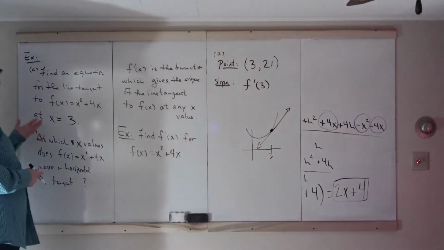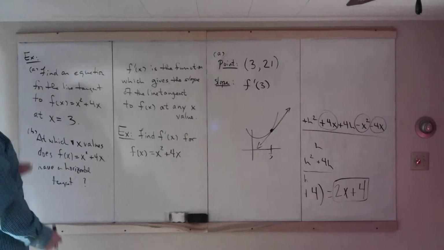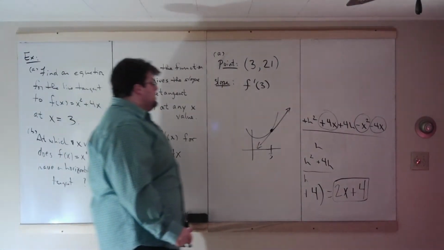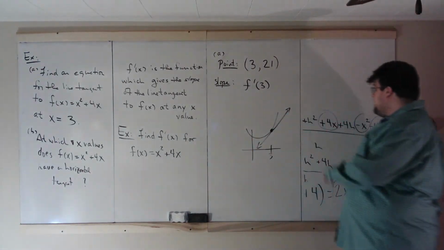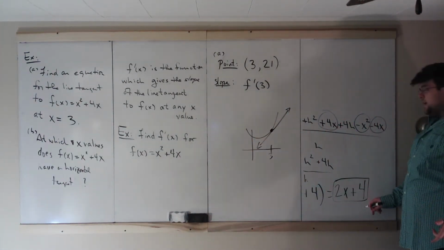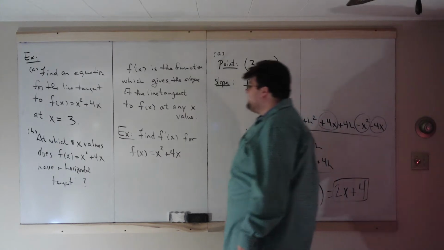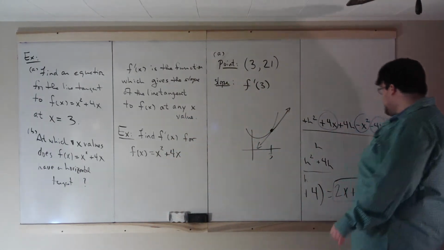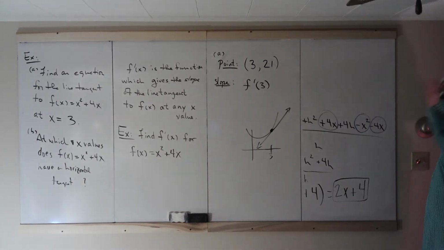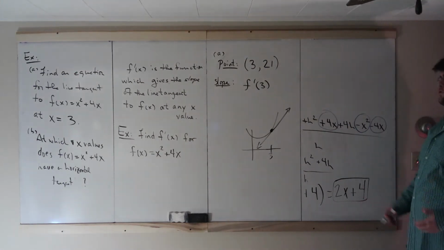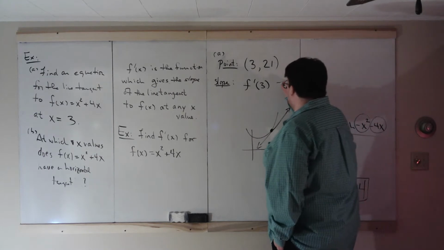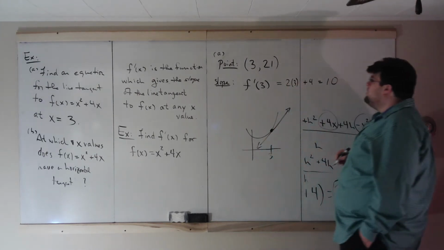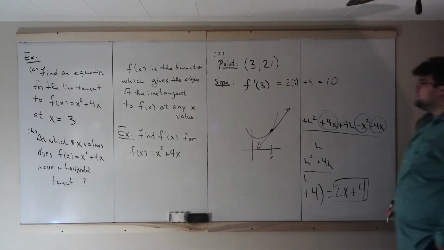If you didn't have that given to you, then you'd have to find f prime of x. I'm just going to leave it down here. F prime of x is 2x plus 4. So f prime at 3 is 2 times 3 plus 4, which equals 6 plus 4, which is 10.